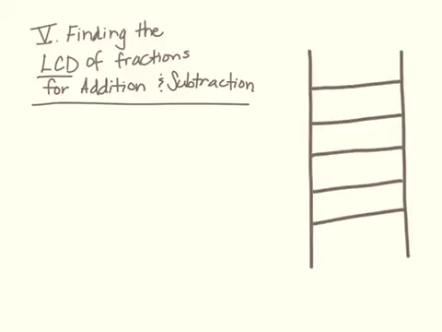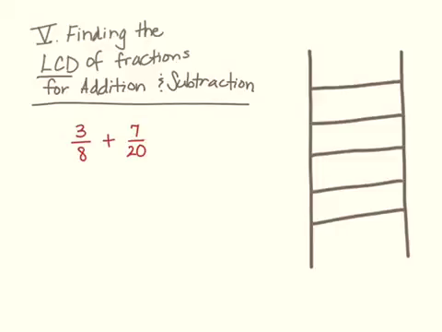Suppose we want to add 3/8 plus 7/20. Now, we know that in order to add or subtract fractions, we do need to have a common denominator, because the number of pieces in our whole has to be the same in order to be able to add these fractions.